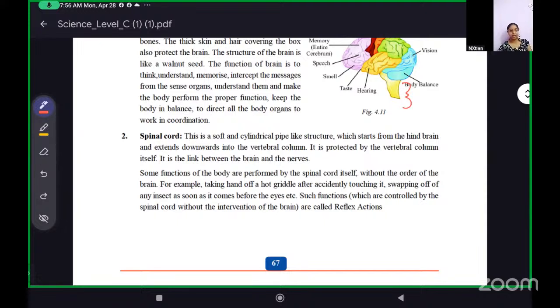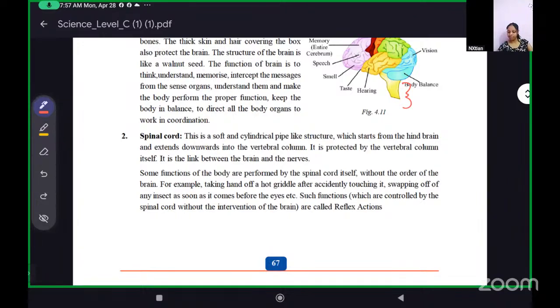But usually when a reflex action happens, there is no time for the body to send the message to the brain and then the brain to reply to it. That process does not happen because we don't have that much time. Those actions that happen very quickly are just controlled by the spinal cord. Those reflex actions, they just happen, and it is controlled by the spinal cord.